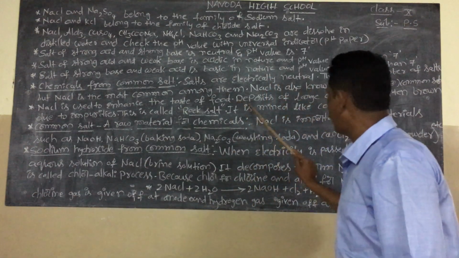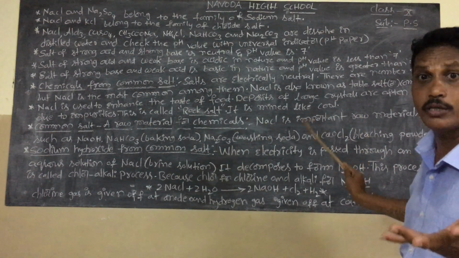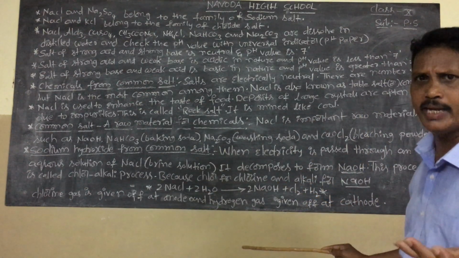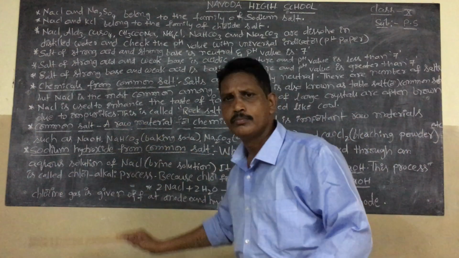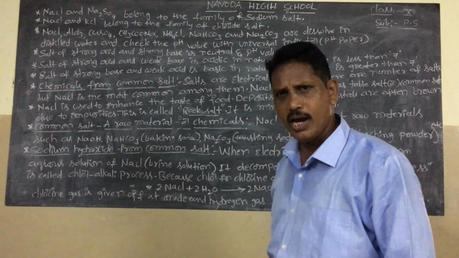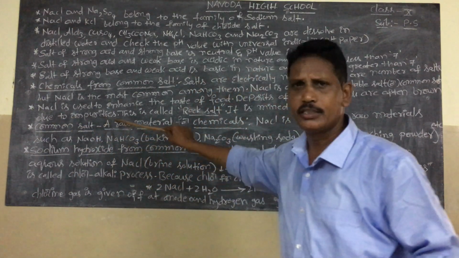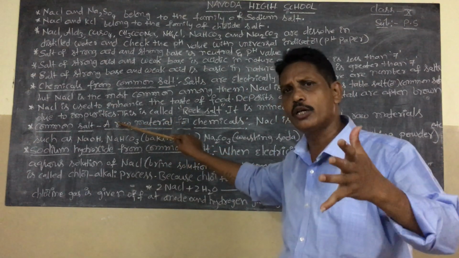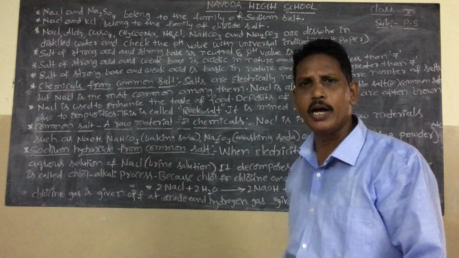Okay. Next, deposits of large crystals. Crystals means salts. Deposits of large crystals often appear brown in color due to impurities. Thus, when salts are mixed with impurities, they turn brown in color.